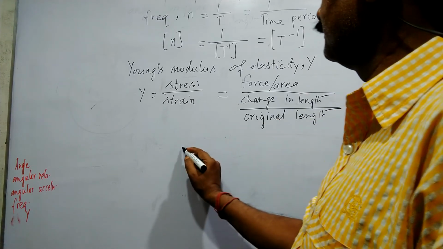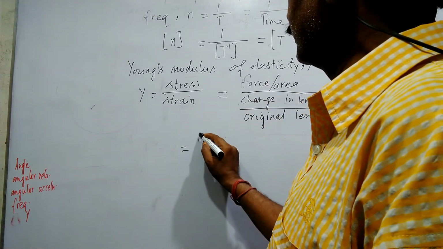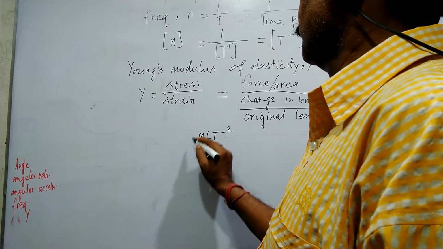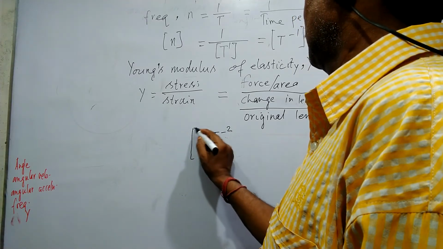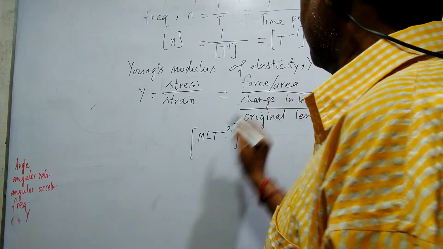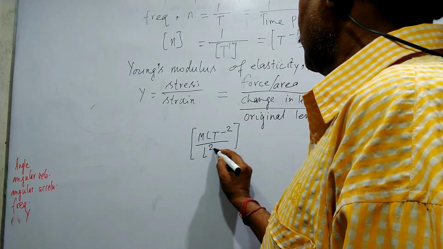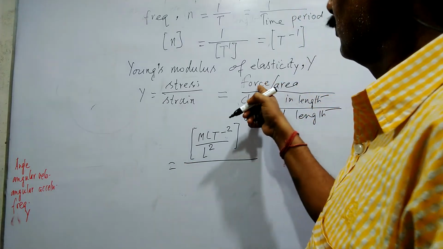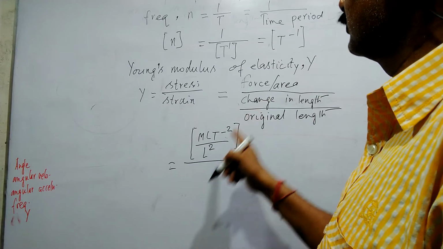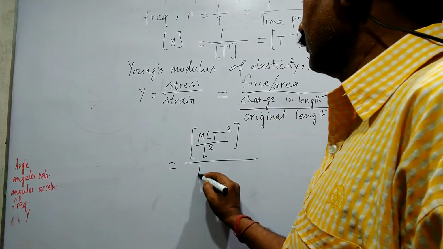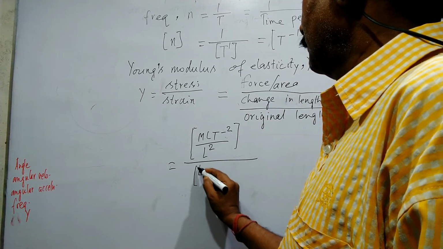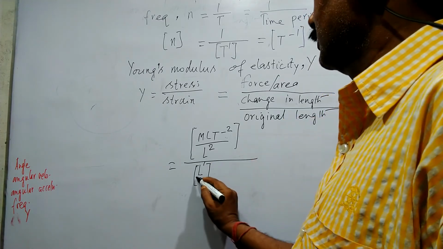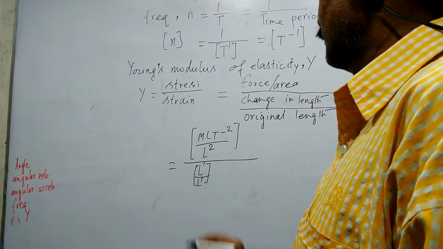Then this is force. We know the dimension of force, M L T to the power minus 2, and the dimension of area is L to the power 2. Change in length is L to the power 1, and original length is again length to the power 1.